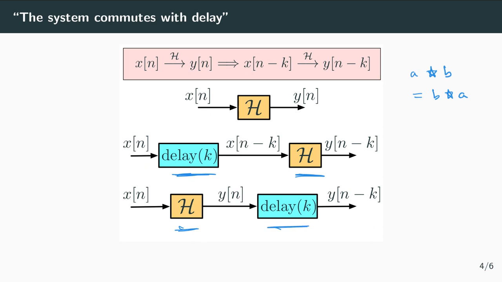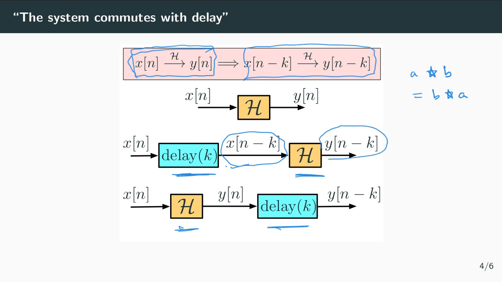So I assume that the output y comes from the input x, and then if I delay x, I get a delayed version of y. So that's x, here's the delayed version of x, and then here's the delayed version of y. But I could equally take x, produce y, and then delay that. And those two things are equivalent. So that's what we mean by the system commutes with delay.